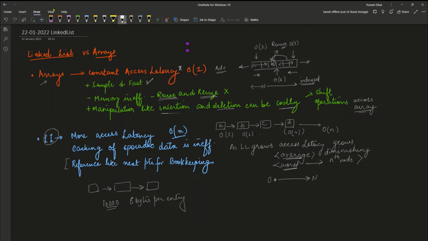And if you have say 10k entries, then you have 2 raised to power 3 plus 2 raised to power 10, so of the order of 2 raised to power 13, the order of memory that is being lost here to bookkeeping pointers.